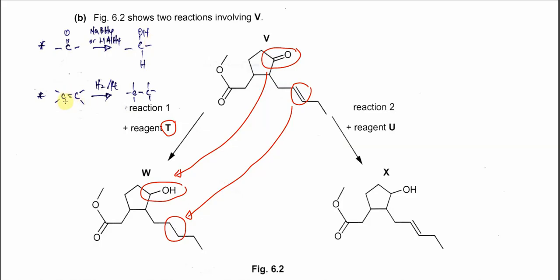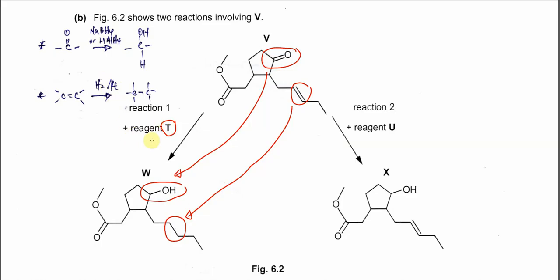For the CC double bond, we just use hydrogen with platinum catalyst. Of course, it needs a certain heat, about 140 degrees C. Then it will undergo this hydrogenation. So this is also a reduction. So there are 2 different reductions here.